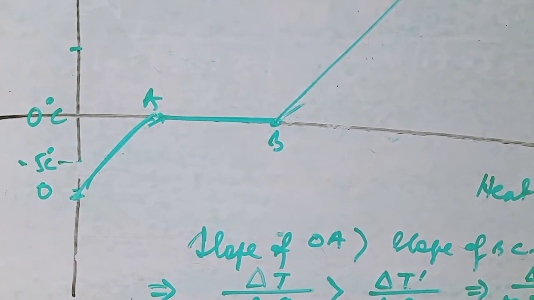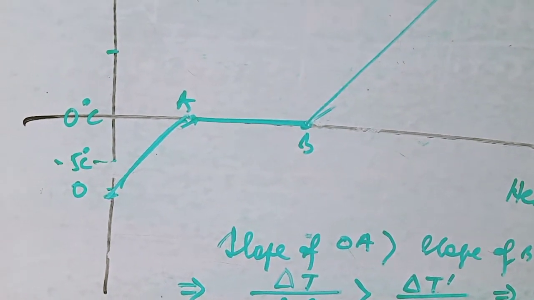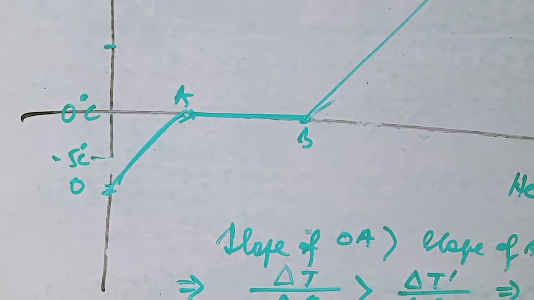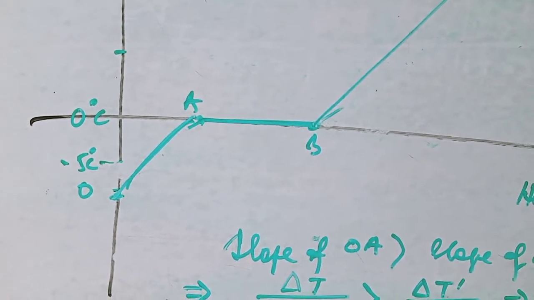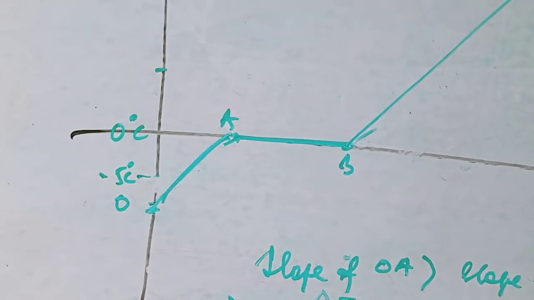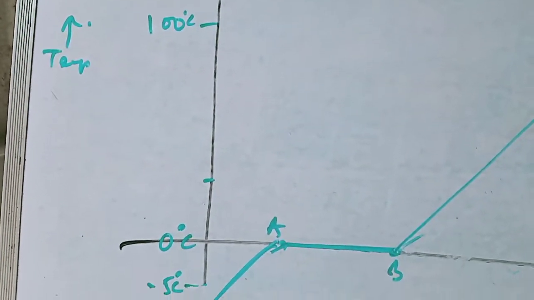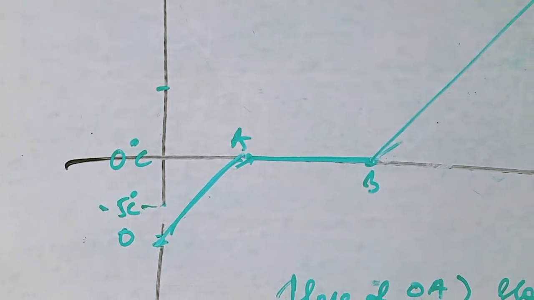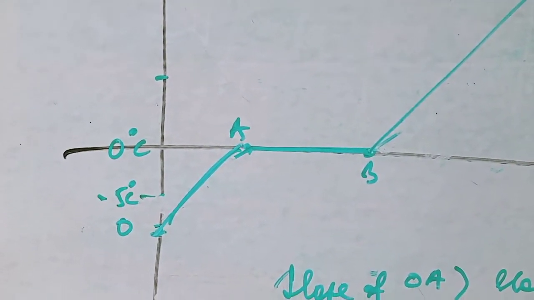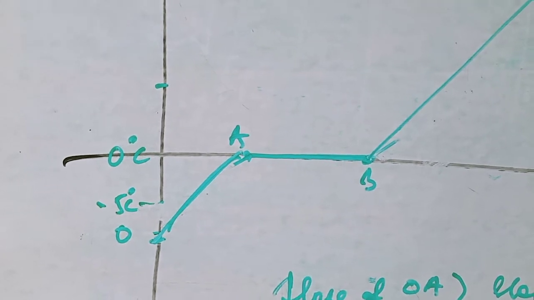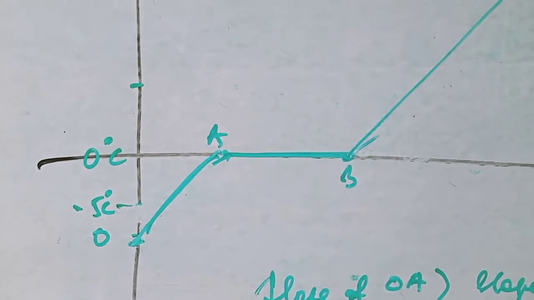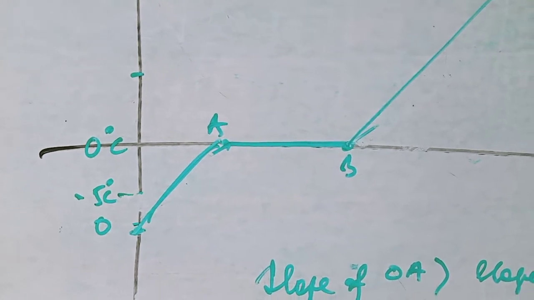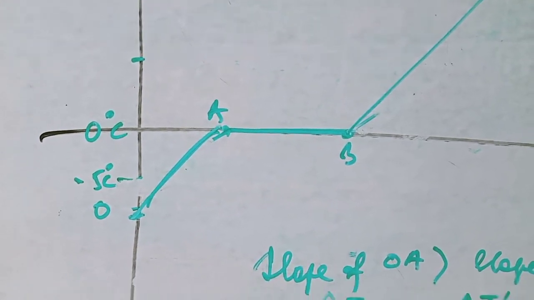With the absorption of heat energy, ice at minus 5 degrees Celsius gets converted to water at 0 degrees Celsius. So the y-axis represents change in temperature, minus 5 degrees to 0 degrees Celsius. Some heat is absorbed; the heat energy absorbed is the distance between the point 0, 0 and the point A.